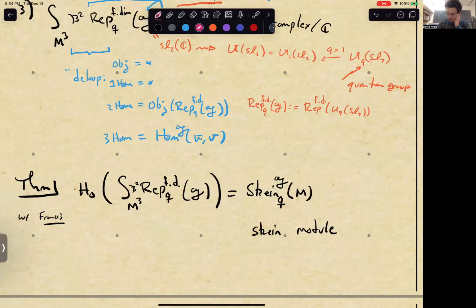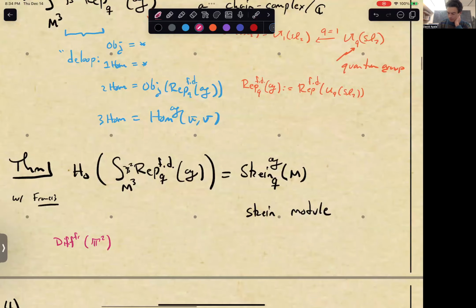So the framed diffeomorphisms of the 2-torus map to the oriented diffeomorphisms of the 2-torus, which is SL2Z semi-direct product T2.